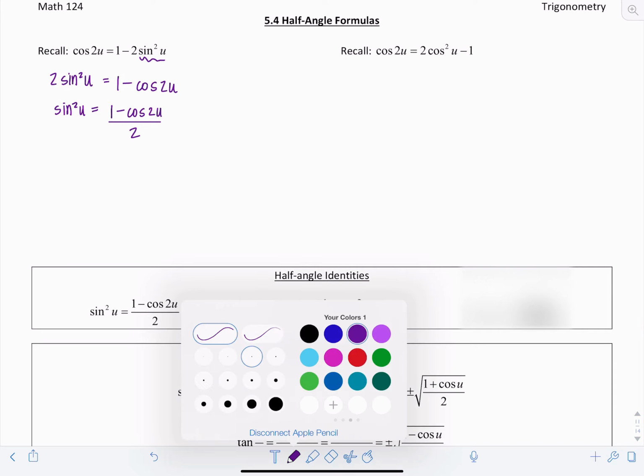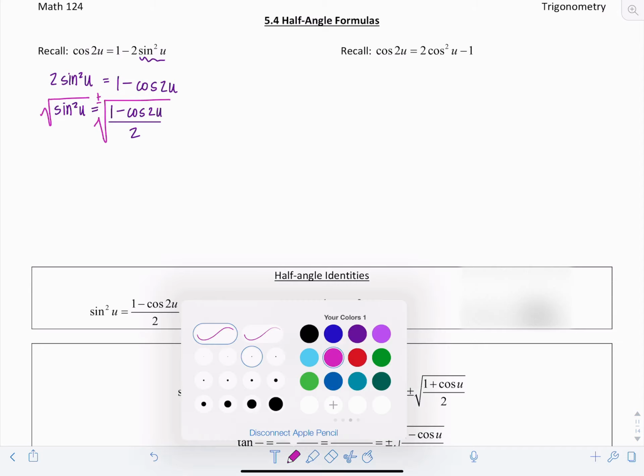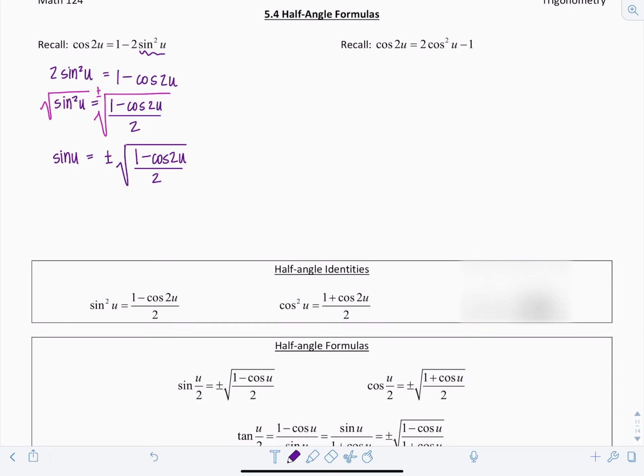And then to solve for sine u, I need to take the square root of both sides. Don't forget, put plus or minus here. So then we have sine of u equals plus or minus the square root of 1 minus cosine 2u over 2. Okay, then from here, what I'm going to do is let theta divided by 2 equal u.